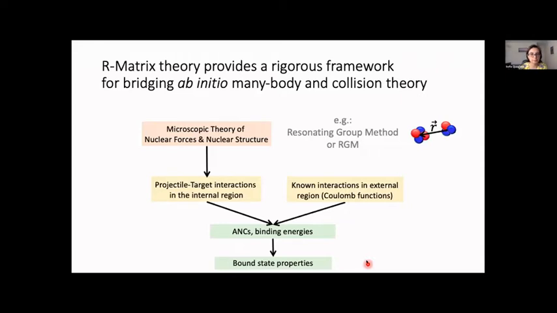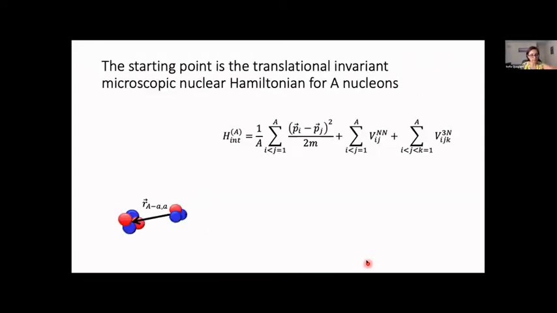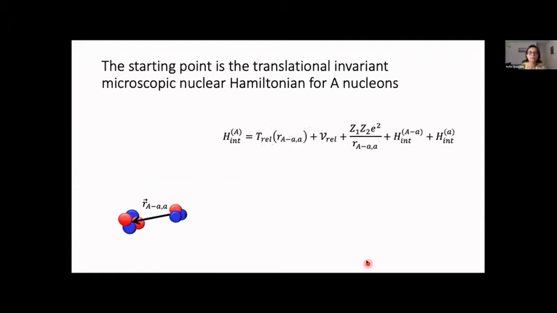and therefore one can then use the solutions to compute bound state properties. Okay, so the starting point of the resonating group method is the usual translational invariant microscopic nuclear Hamiltonian of the A-nucleon system. Except that rather than using this usual form we're all used to seeing, it's better to rewrite it by isolating the components that pertain to the target.